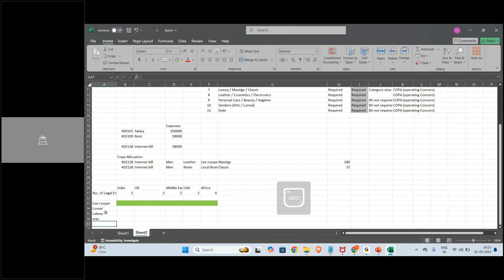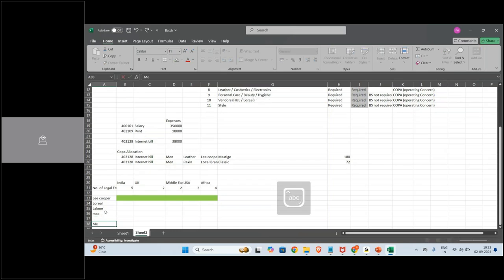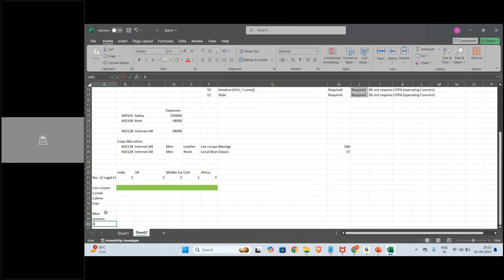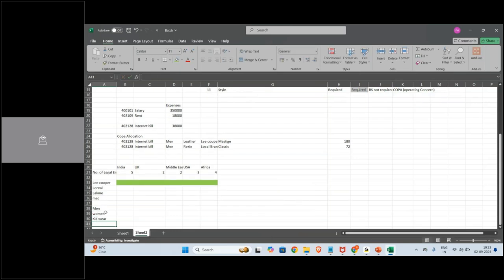If I want to know globally what the menswear profit is, men's, women's, kids wear, across all legal entities, what is the revenue and what is the profit generated across the entire world by doing the business of kids wear? It can be leather, plastic, toys, anything. It doesn't matter. But that is something the operating concern helps you achieve. Am I clear till here?